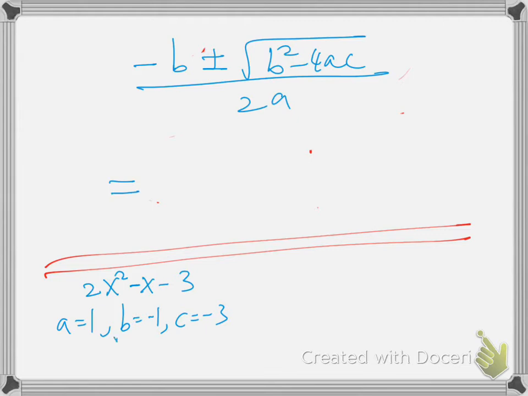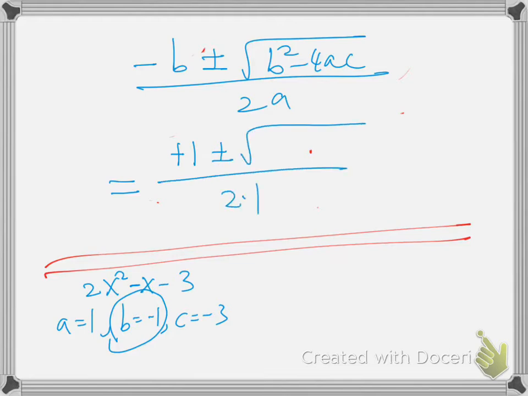So b is negative 1, so negative b is positive 1 plus minus, with 2 times 1 on the bottom. Then negative 1 squared minus 4 times a times c, so c is negative 3.